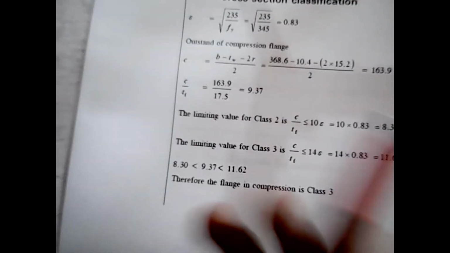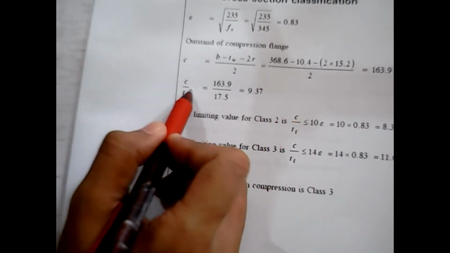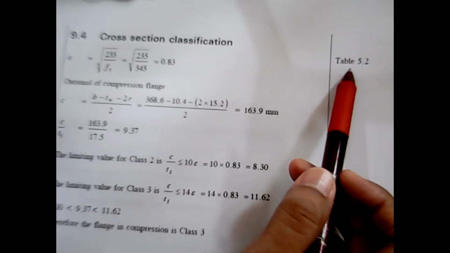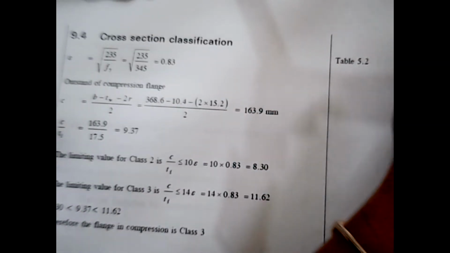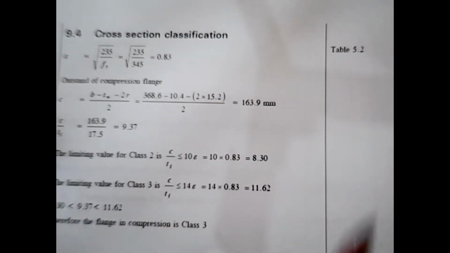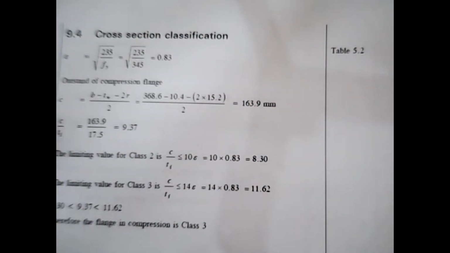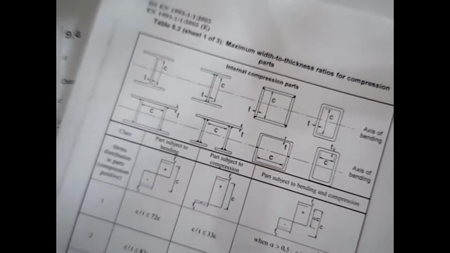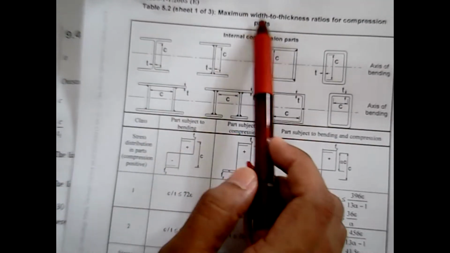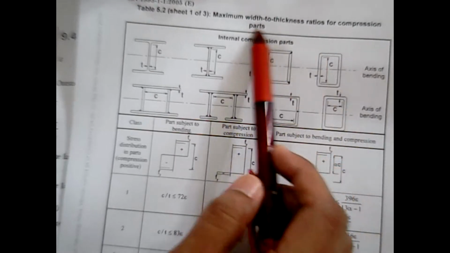You need to check c over tf. So go to table 5.2 in the Eurocode, which gives the maximum width to thickness ratio for compression parts.